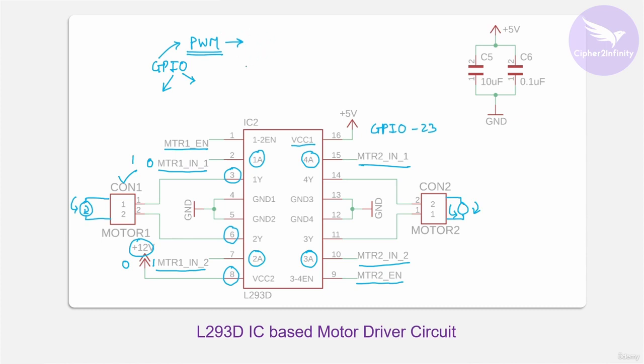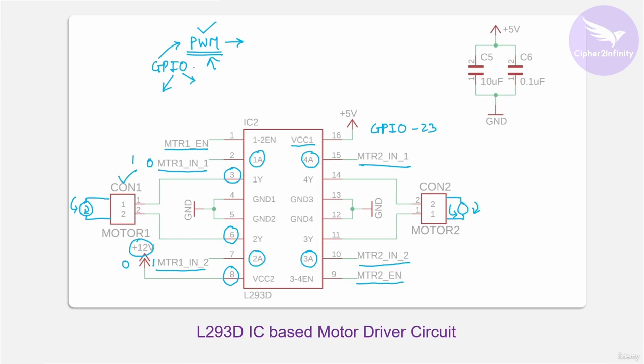So by providing the appropriate signal to these pins, we can control the speed of the motor. I'm not discussing the PWM topic here because it is a little big. At this point I just want to tell you that I'm using this feature, which stands for pulse width modulation.